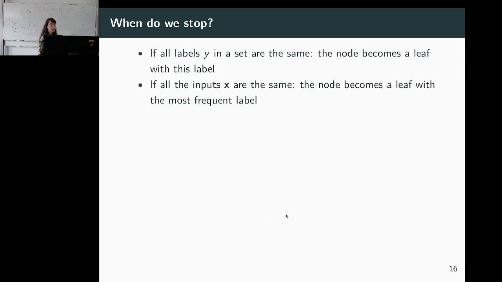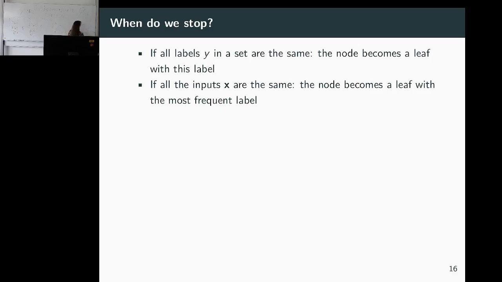The second most common case is if all the inputs are the same. If we go in there with the same questions and we are here, then no matter which leaves we have, we cannot possibly do anything, because all the questions, all the features we have here, are the same. So it doesn't matter what we do.